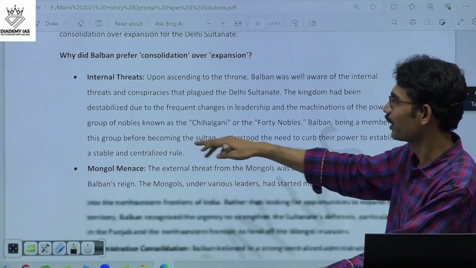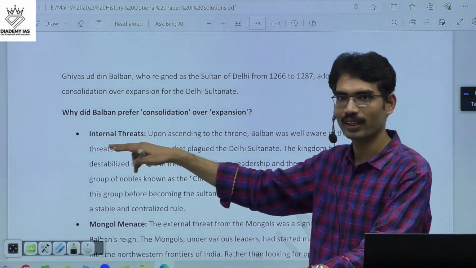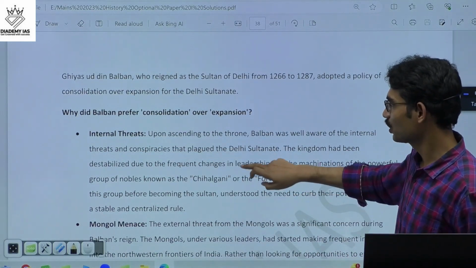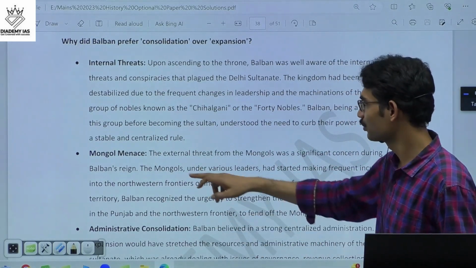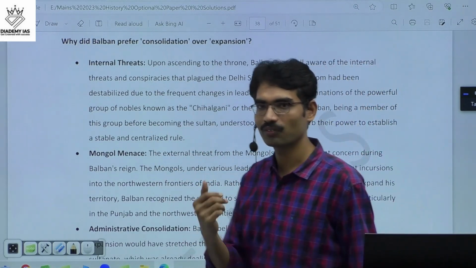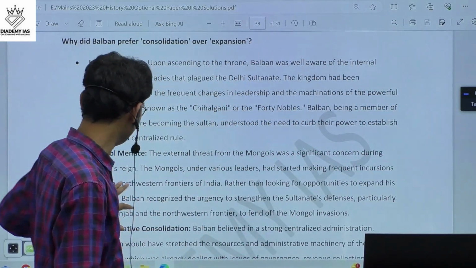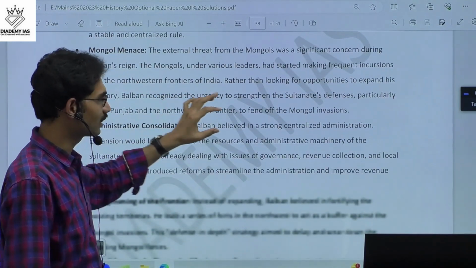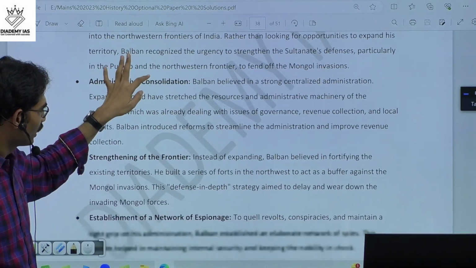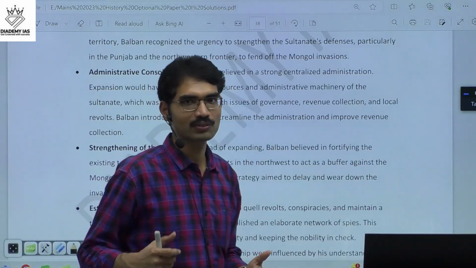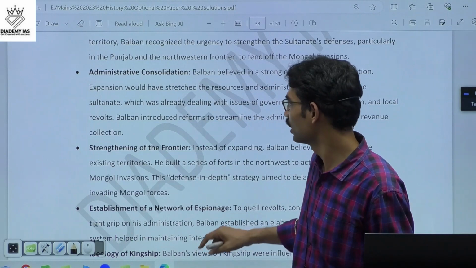Just a few headings, and you will come to know. Internal threat is one, that's why he wanted to consolidate. Mongol menace, that is why he wanted to consolidate. Administrative consolidation, administration was in disarray, he wanted to consolidate. Strengthening the frontiers, frontiers were weak, that's why he wanted to consolidate.